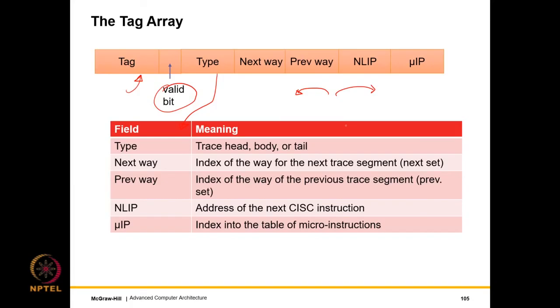Many instructions such as load effective address require it. And we also have micro IP, mu IP, which indexes into the table of micro instructions, just in case we have these complex instructions which cannot be decoded, but we need to read the microcode table. So this is an index into that table.